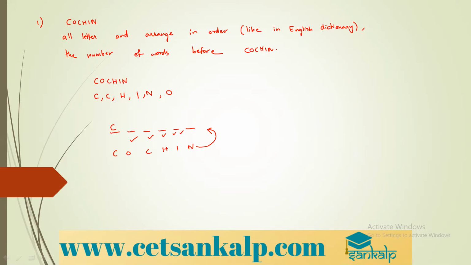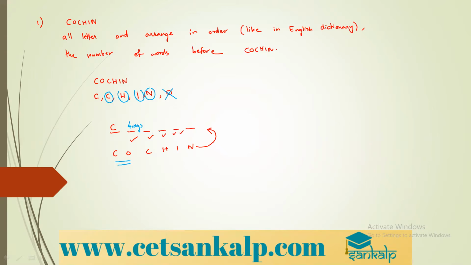In the first place, you can have only C, H, I, and N. So, there are 4 ways to fill the first place because you cannot take O, because Cochin is starting with C and O. That's why.